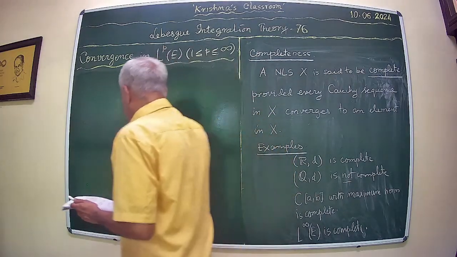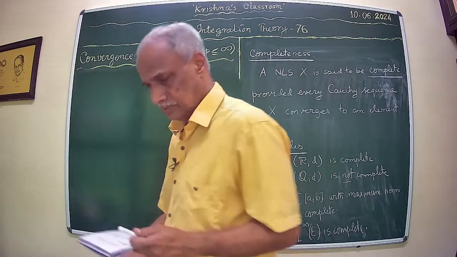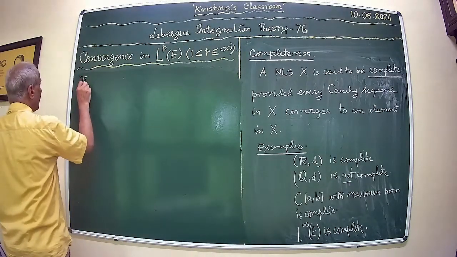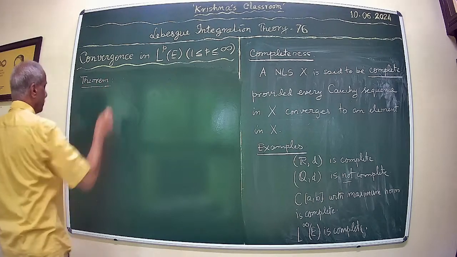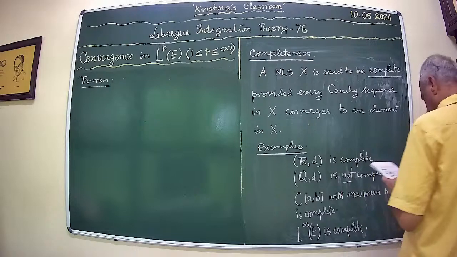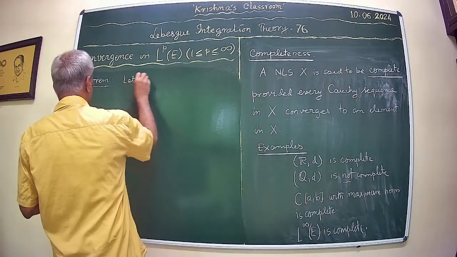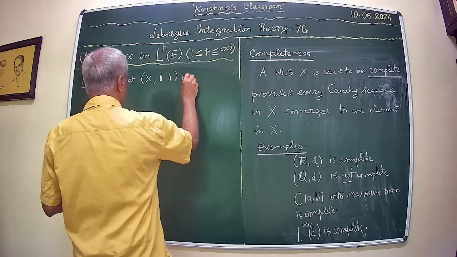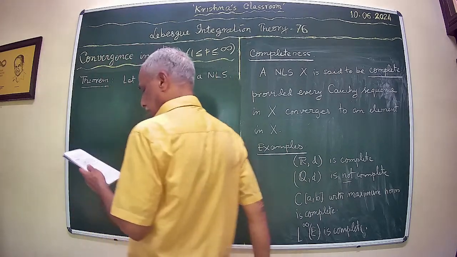One, of course, is that every convergent sequence is a Cauchy sequence. Let X be a normed linear space.